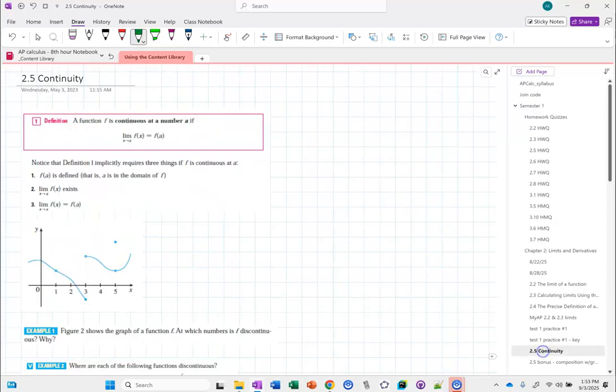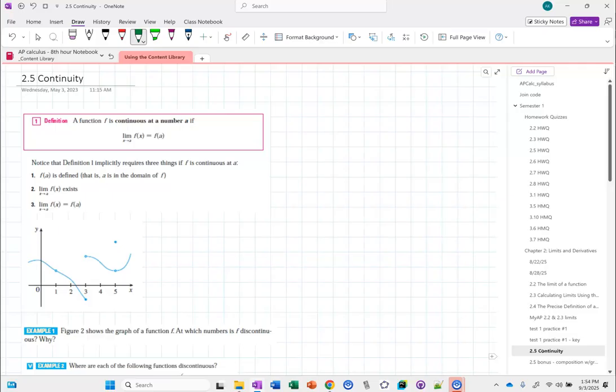We're going to go on to 2.5 then. And we're going to start by defining what we mean by continuous at a point, and just general continuity afterwards.